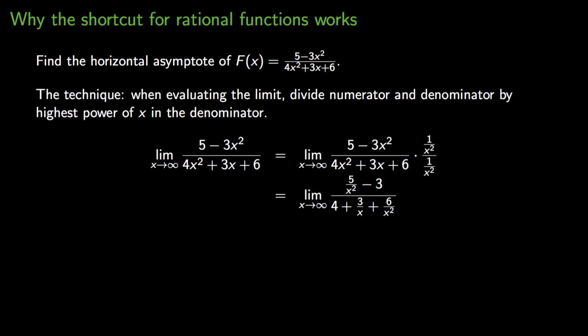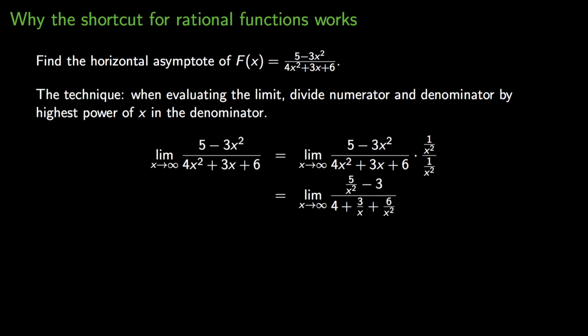The limit as x approaches infinity of -3 is -3. Like there's no x's, nothing changes. And it's the same with 4. The limit as x approaches infinity of 3/x is 0. Because as x gets very, very big, 3/x gets very, very tiny. And the limit as x approaches infinity of 6/x² is also equal to 0.